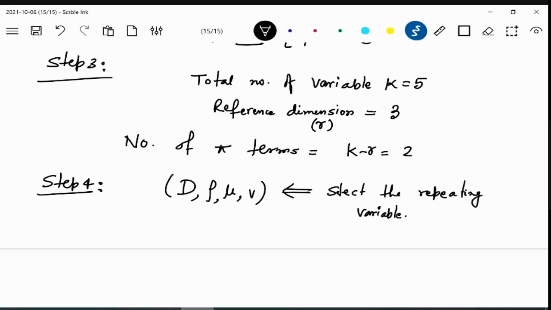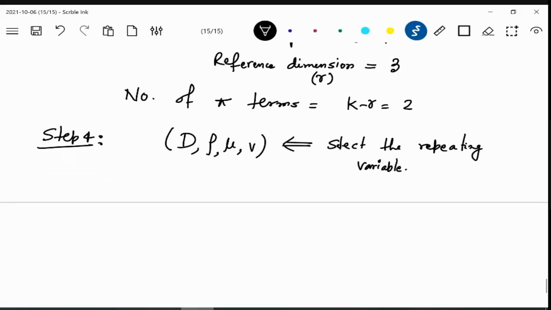You have to select the repeating variables. And how many repeating variables do I have to select? 3. Because the number of reference dimensions is 3, and the number of repeating variables equals the reference dimensions, as we discussed earlier.